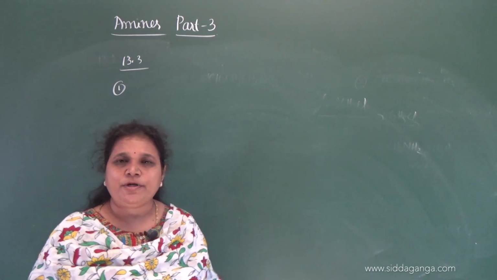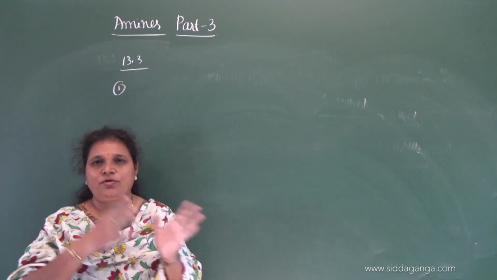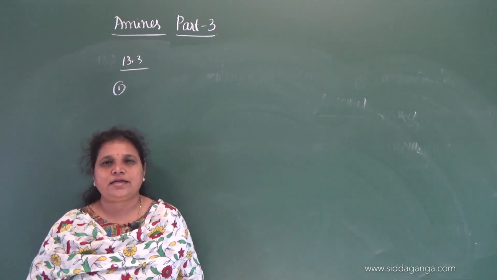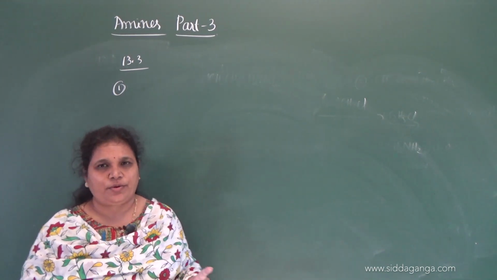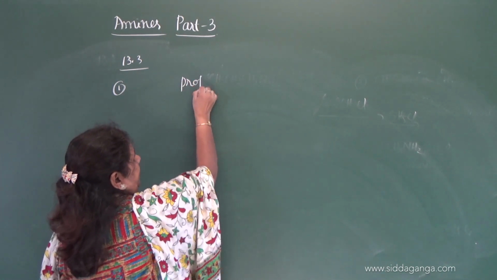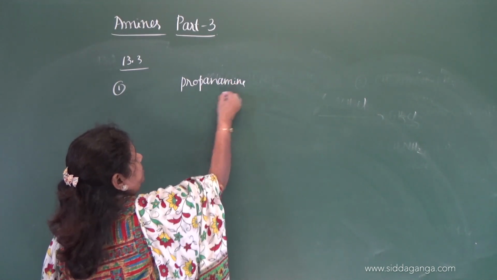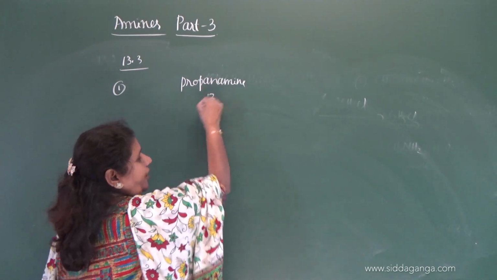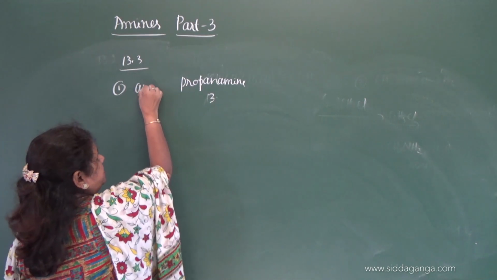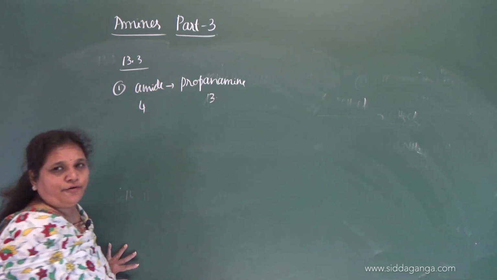In Hofmann bromamide degradation reaction, during the conversion of amide to amine, there is a decrease in the number of carbon atoms by 1 unit. But what is the product we require? Propanamine, which contains 3 carbon atoms. Then the amide must contain 4 carbon atoms.